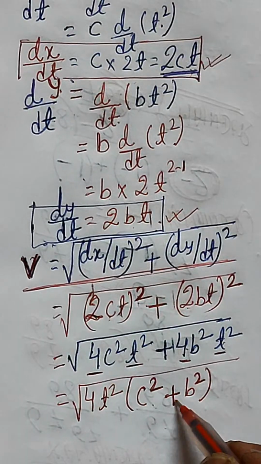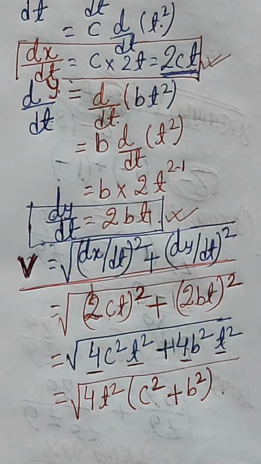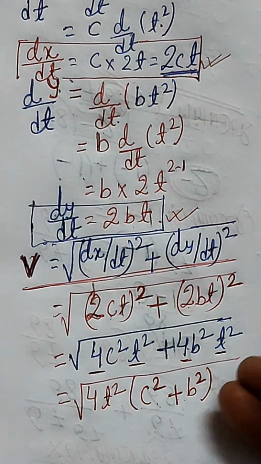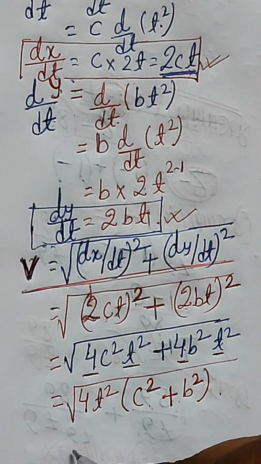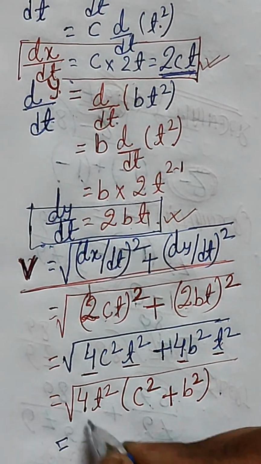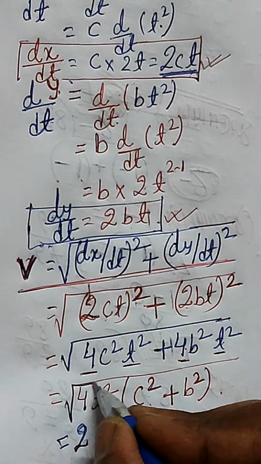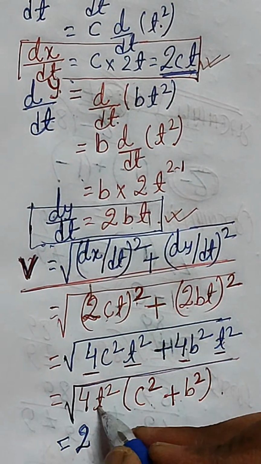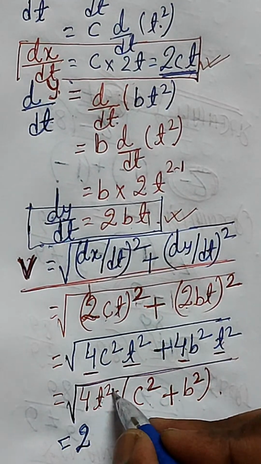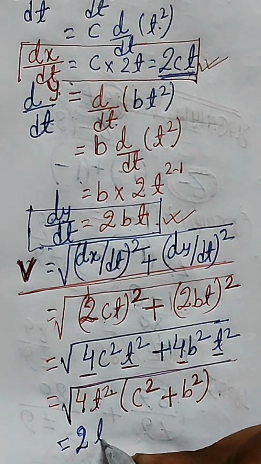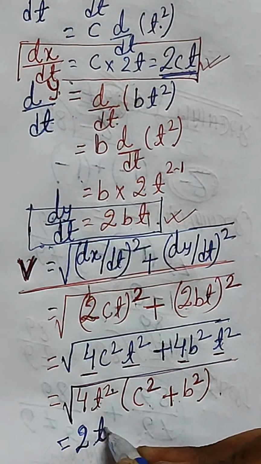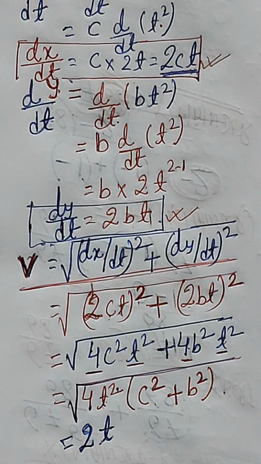So c square plus b square will be left in the bracket, and from this 4, a 2 can come out because this is a square root, right? And t square inside the root, t can be taken outside this root, right?